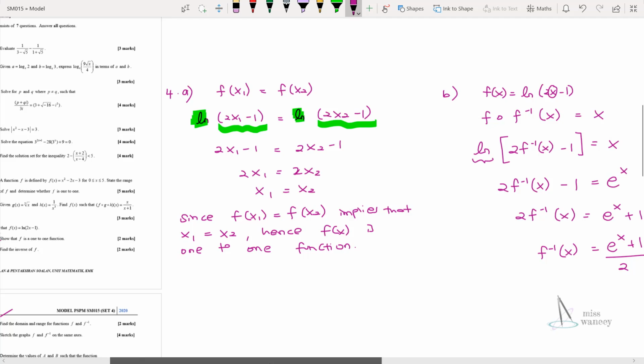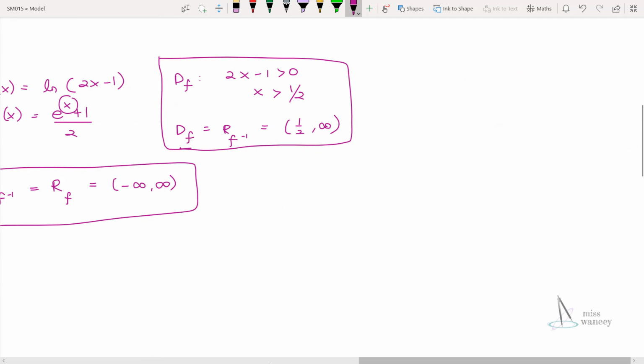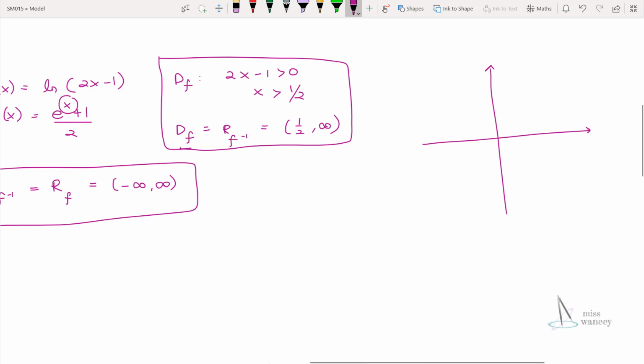Sketch on the same axis. Okay, now the sketching part. Every time I have to sketch, I feel nervous because the drawing is very big. Okay, so I have a domain over here, half. So this is half, this is 0.